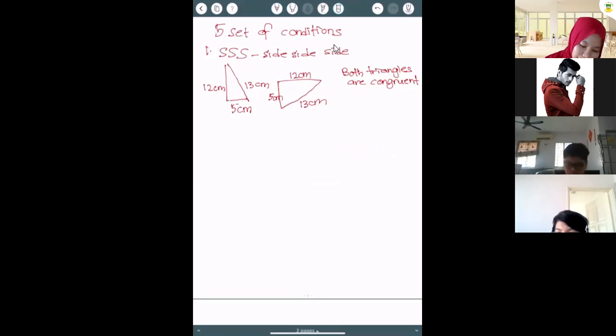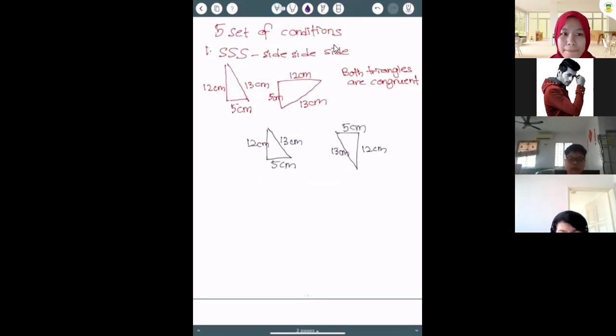Can someone tell me whether these two triangles are congruent or not? Okay, I saw many correct answers here.